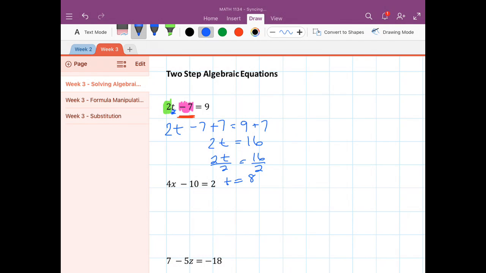Or if you want to think of it how we did before, when I was doing the basic ones, you could say, well, if I was to cover this up, then something minus 7 is 9. Well, 16 minus 7 is 9.